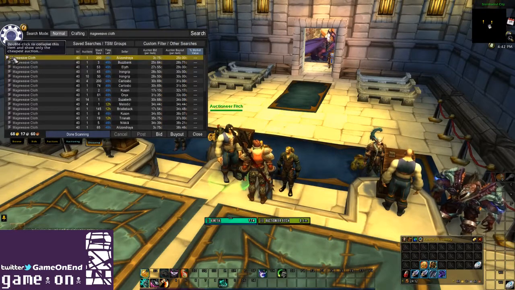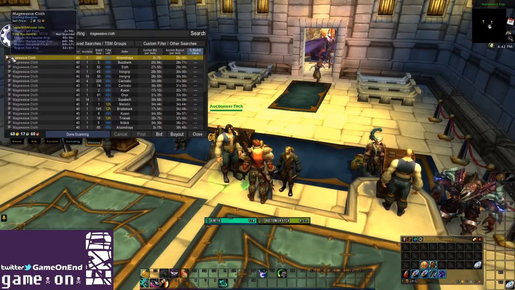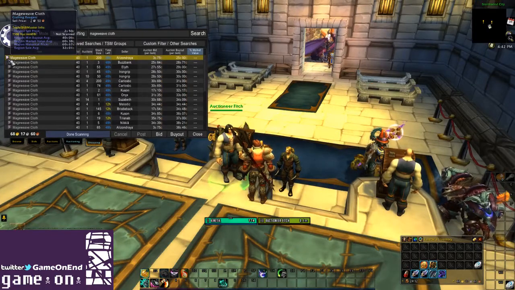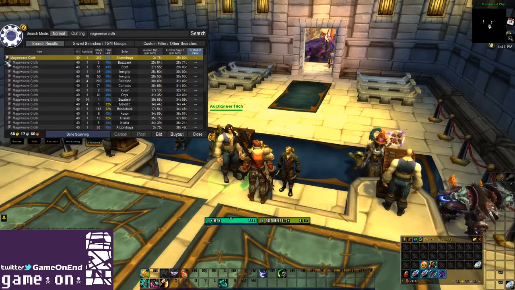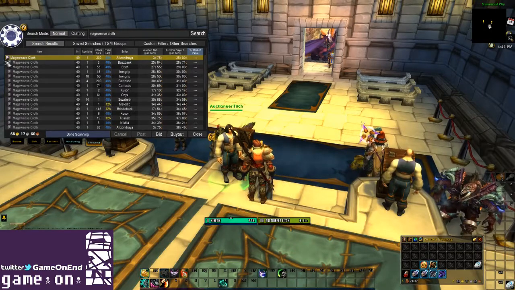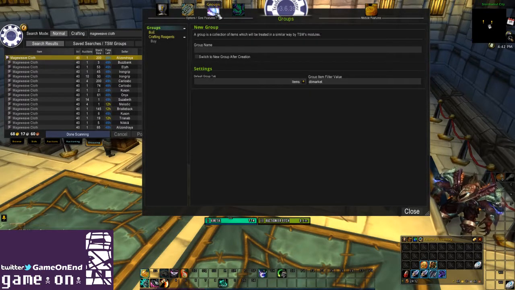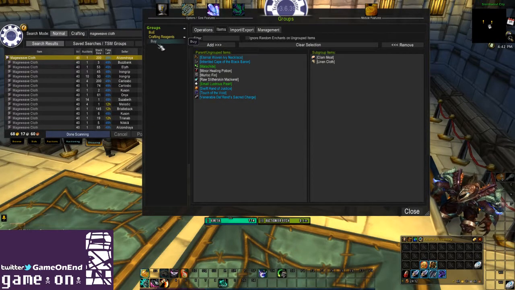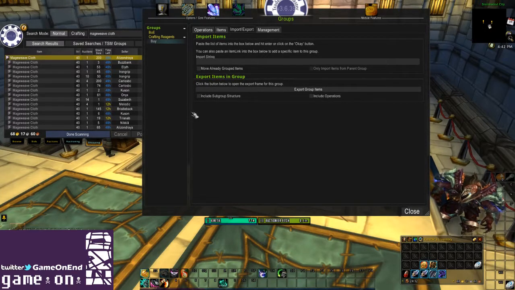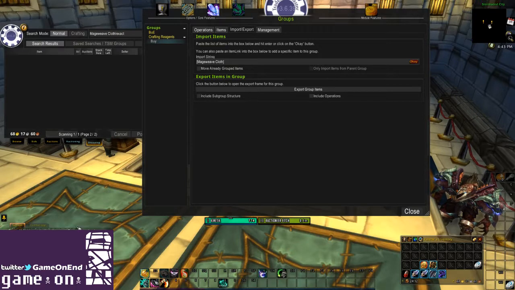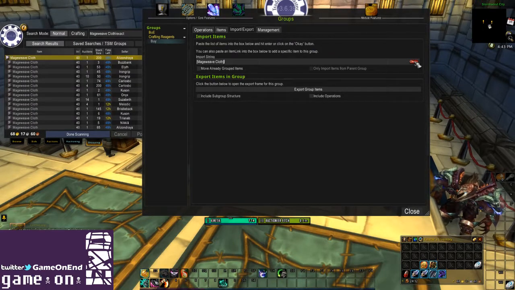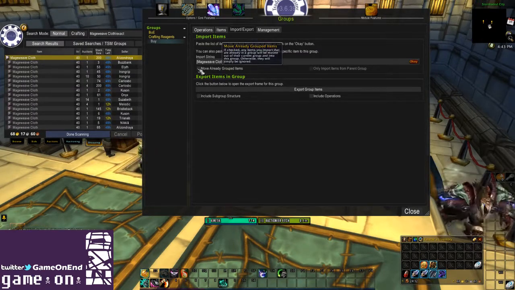The easy way that I do it is to open up chat, shift left click on an item, and then hit enter, and that will link the item into chat. Then we reopen TSM, go back to our groups, click into our buy items, and then we can do import, click into the box, and shift left click the item, and that will add it to the group.